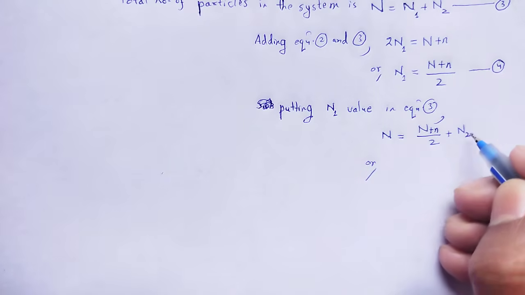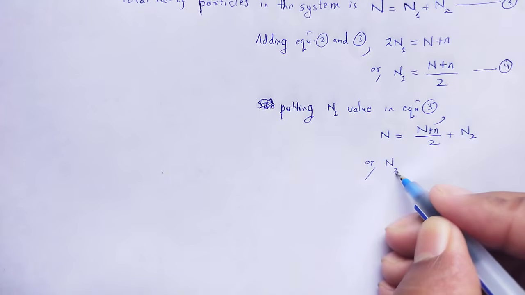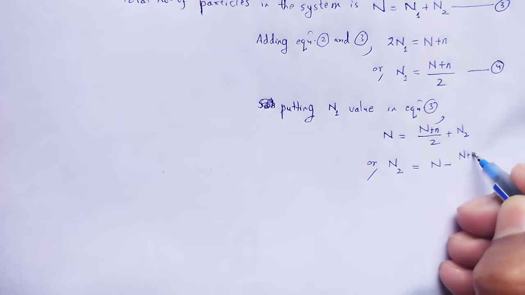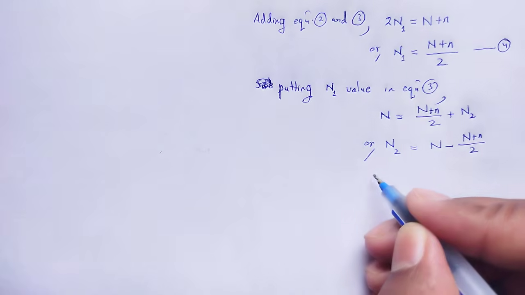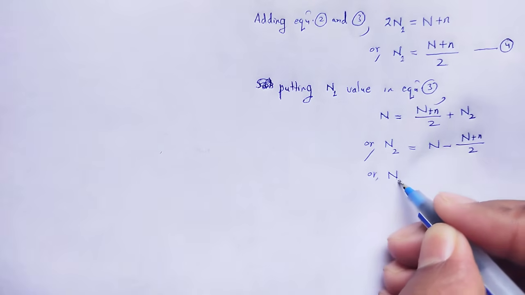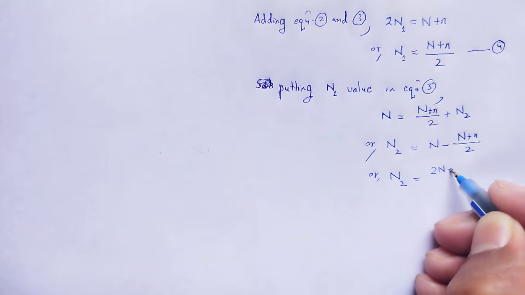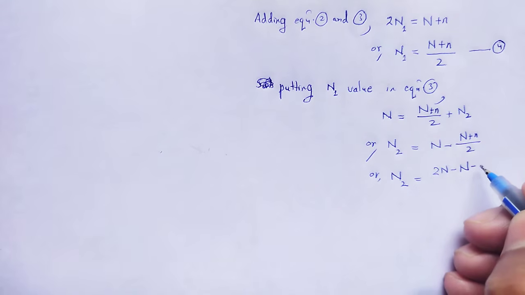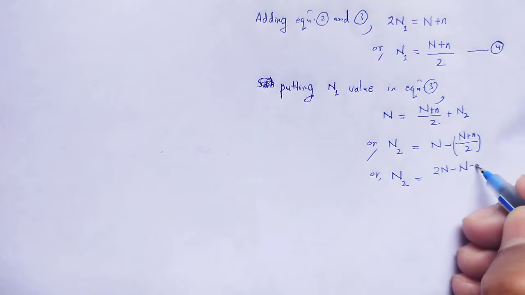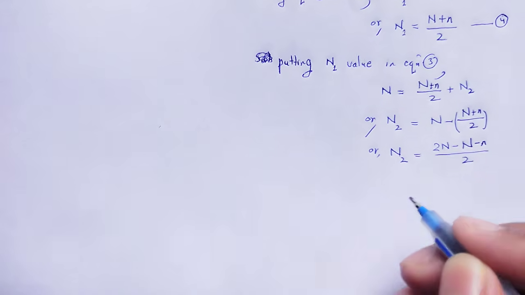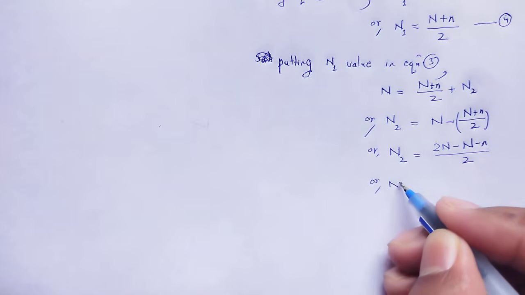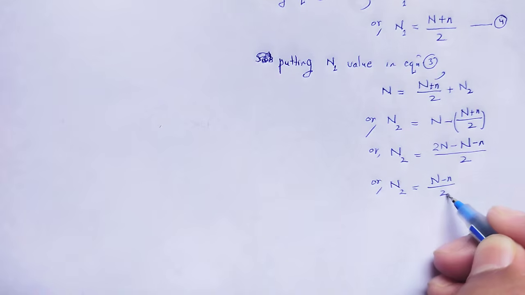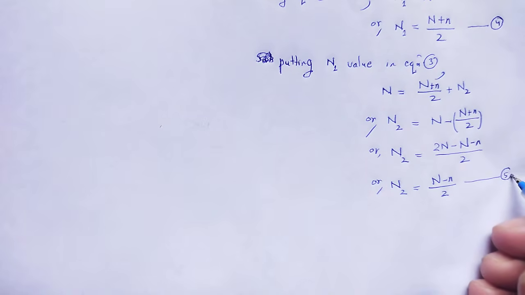We have to calculate N2, so N2 is equal to N minus N plus n divided by 2, or N2 is equal to 2N minus N minus small n divided by 2, or N2 is equal to N minus n divided by 2, which is equation number 5.